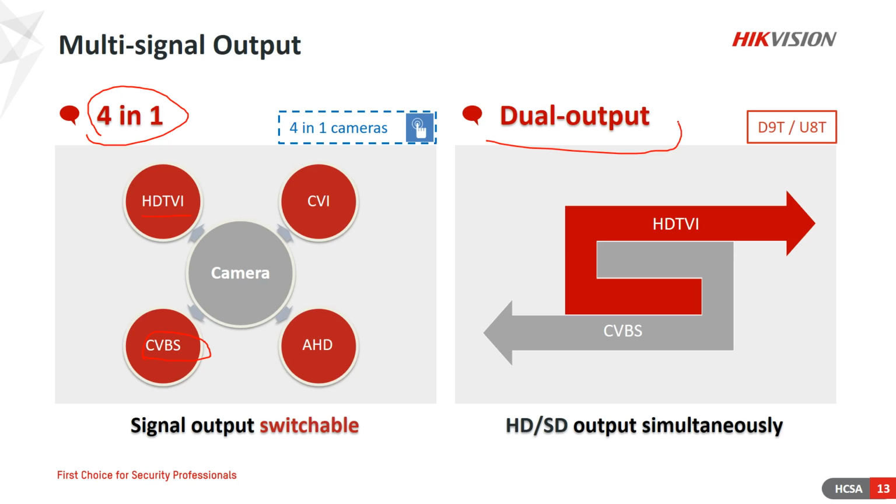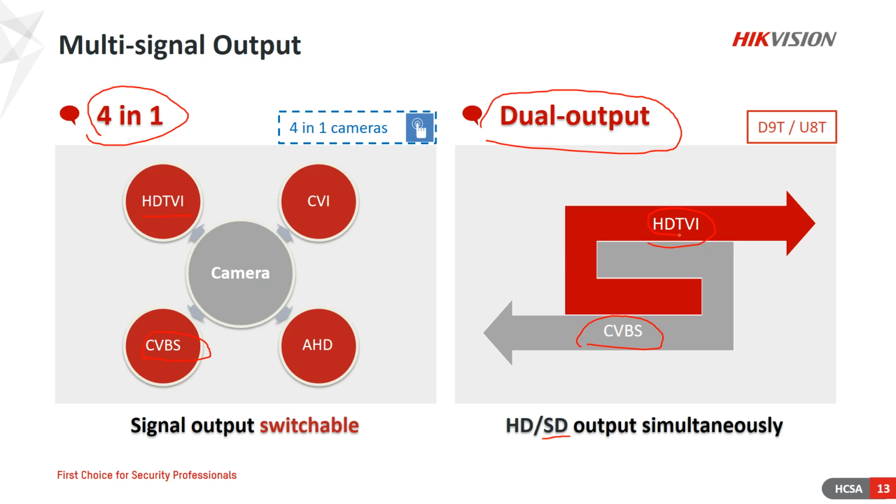And this is another function we call dual output, which can be supported by the high-level analog camera. Dual output means it's going to output the CVBS, which is the standard definition analog signal, and also output the HD TVI, which is the high definition analog signal, both simultaneously.